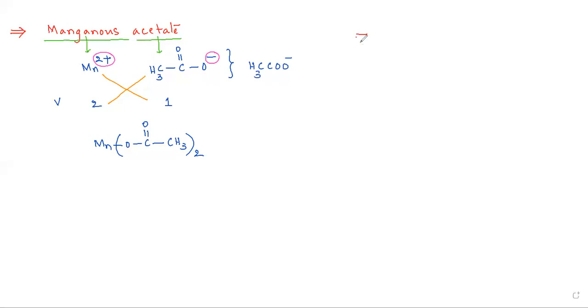Go for barium hypophosphite. Barium hypophosphite. Okay. What is the formula of barium ion?